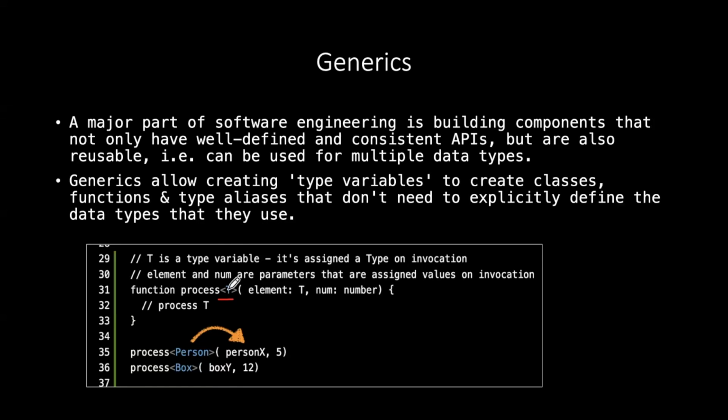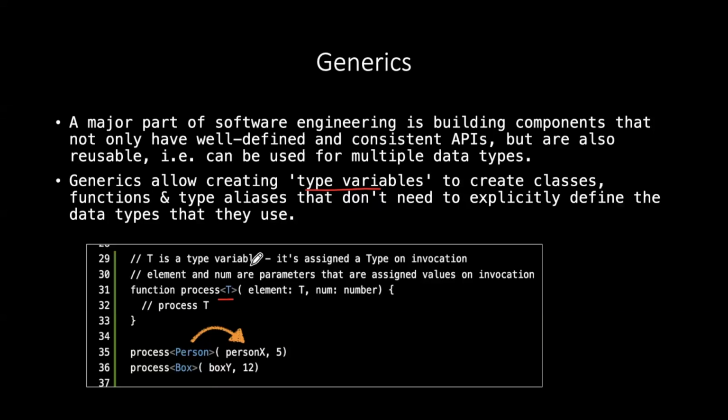The T here is what's called a type variable. And that's kind of confusing because we tend to associate variables with data. We assign a variable a piece of data, whether that be an object or a number. But in this case, a variable can be assigned a type.